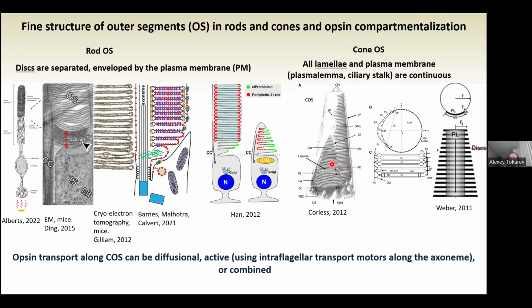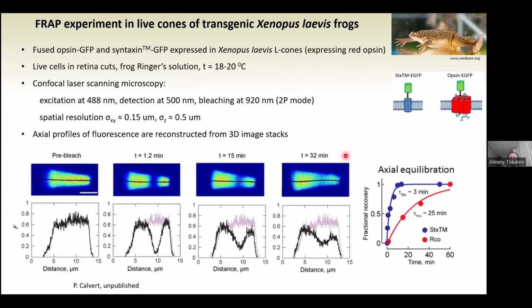So we cannot directly use some simple diffusion equation, okay? Because the diffusional path is not in this line, but is some complex path along this complex structure. This is the first difficulty.